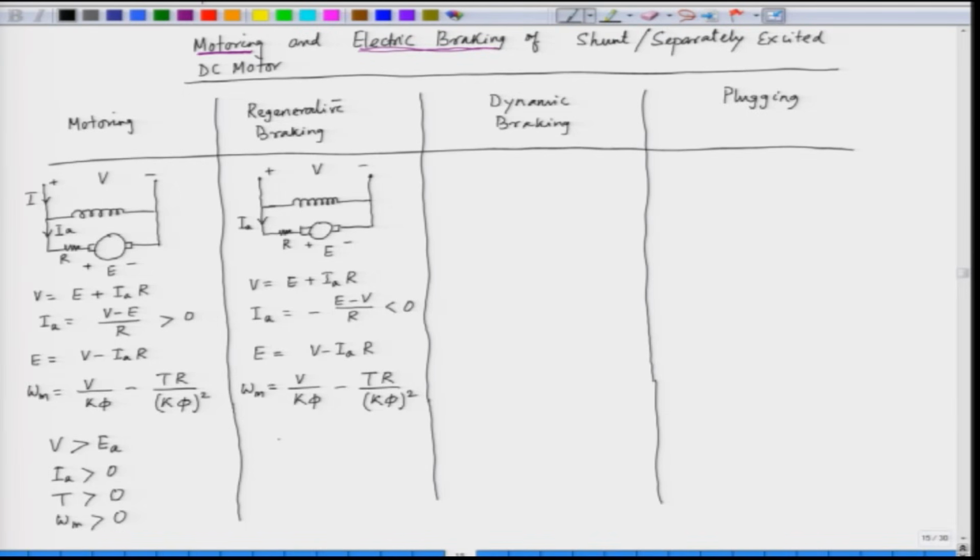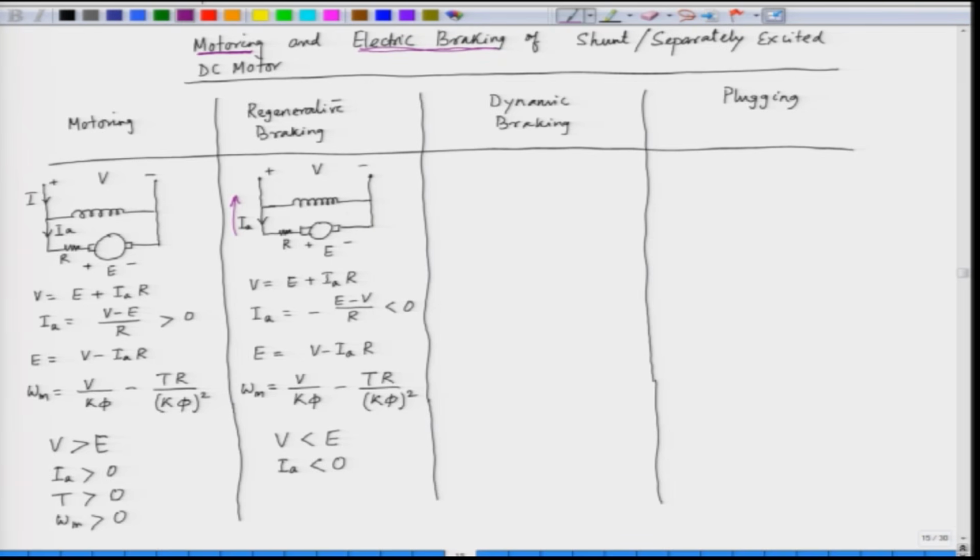So, here the applied voltage is less than the back EMF E. So, this is our back EMF. The applied voltage is less than the back EMF, and the current here is negative. It means the current is being fed to the applied voltage source. So, the current direction is opposite here.